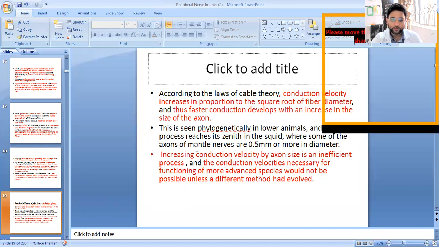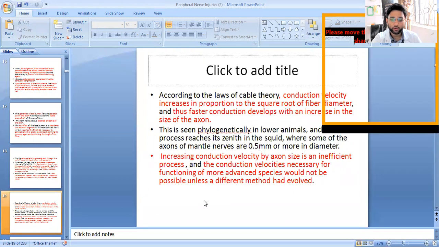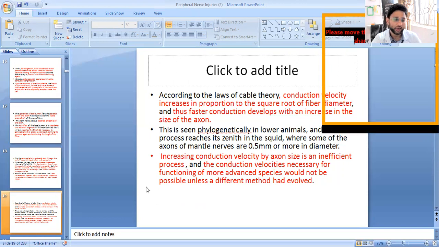This is seen phylogenetically in lower animals, and the process reaches its zenith in the squid, where some of the axons of mantle nerves are 0.5 millimeter or more in diameter. Increasing conduction velocity by axon size is an inefficient process, and the conduction velocities necessary for functioning of more advanced species would not be possible unless a different method had evolved.